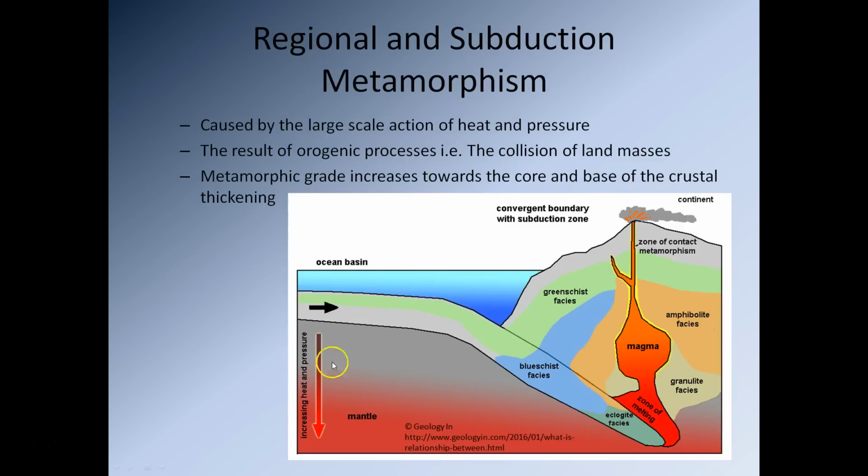So we have a subducting piece of oceanic crust here, and a piece of continental crust over here, and the collision between the 2 forms a mountain range. Well, obviously, as you go deeper and deeper into the mountain range, the pressure and temperature increases, and so the facies, the grades of the metamorphic rocks, will also increase as you go deeper and deeper into the mountain range. Relatively straightforward when you think about it.